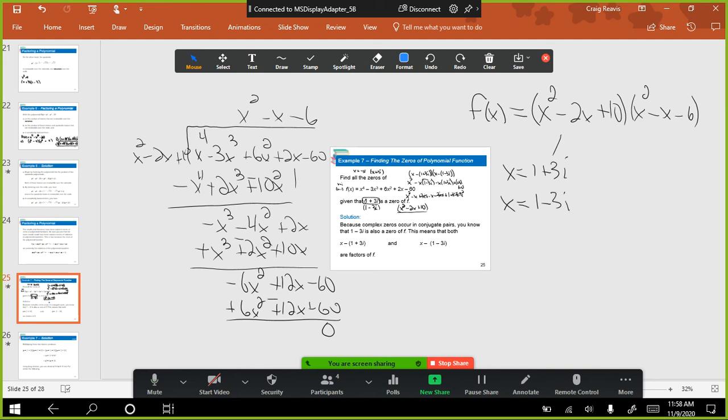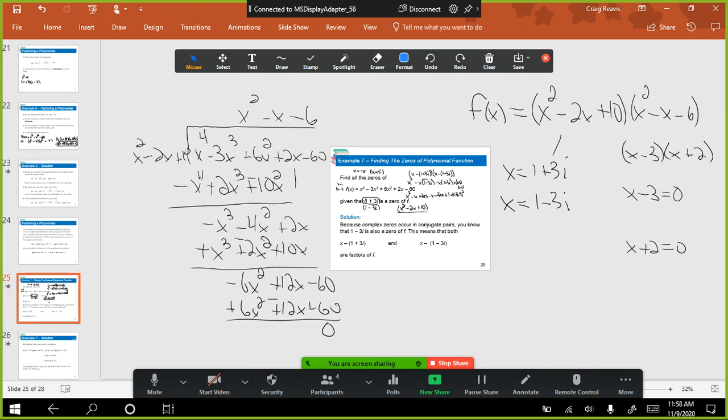Here, what I'm going to do is factor that and see if it will factor like a normal trinomial. What will multiply to negative 6 and add to negative 1? That would be negative 3 and positive 2. So notice I have the factors x minus 3 and x plus 2, which I can set both equal to 0.